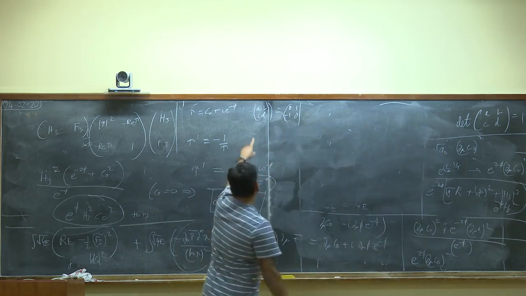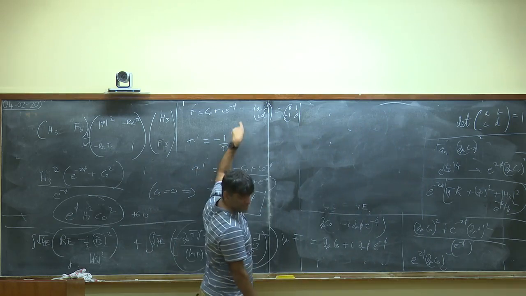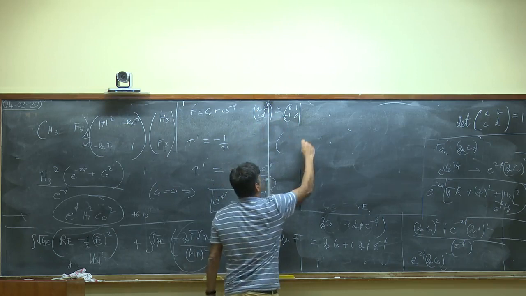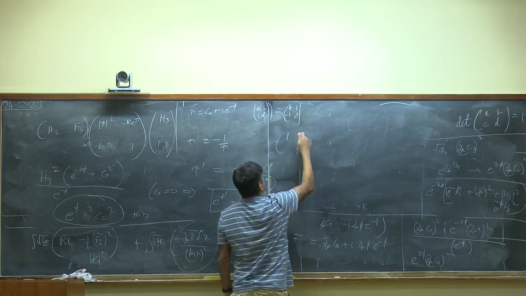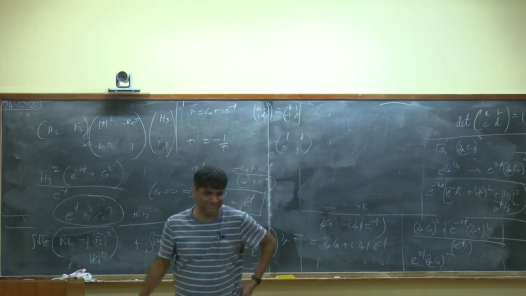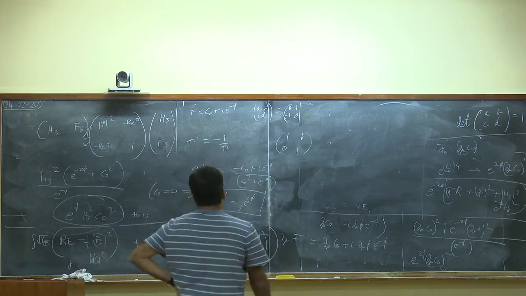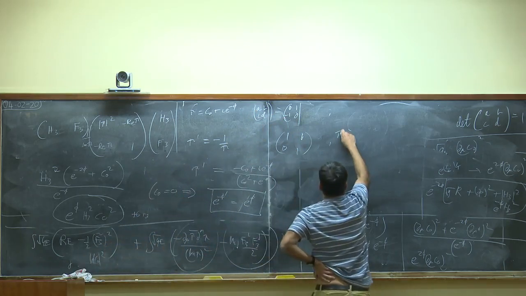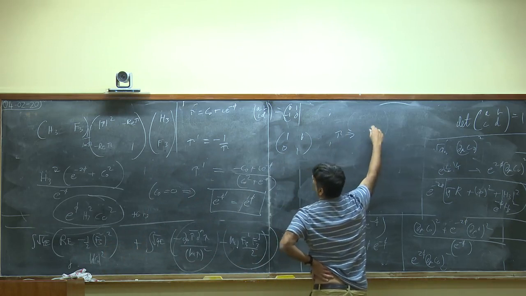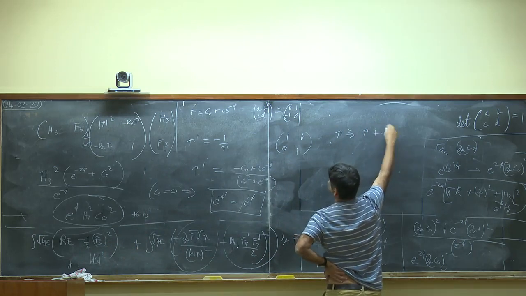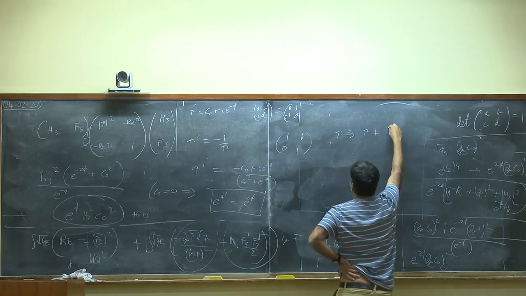So far we've looked at what happens to these things under the transformation (1 -1; 0 0). Now let's look at a slightly more trivial transformation. Under this, you see tau goes to tau plus b, so 1.